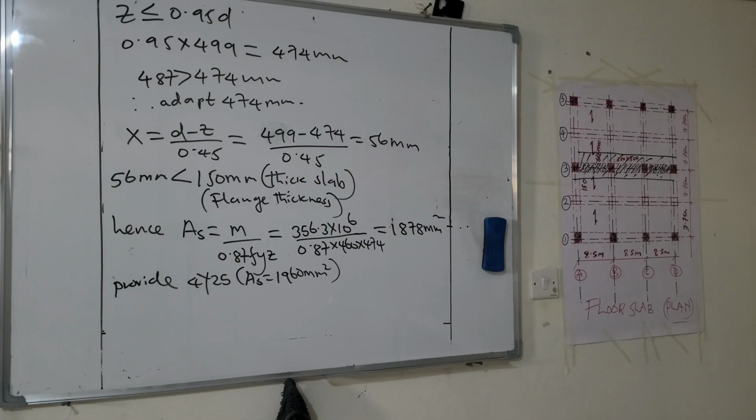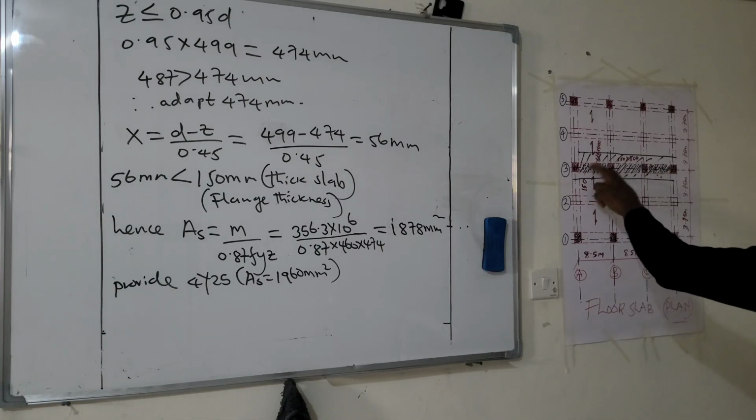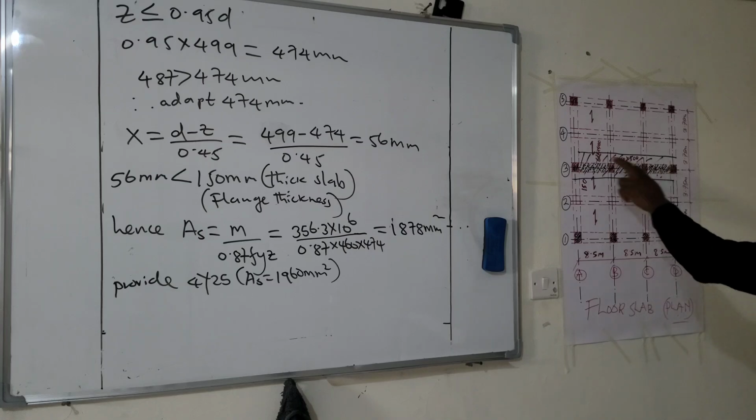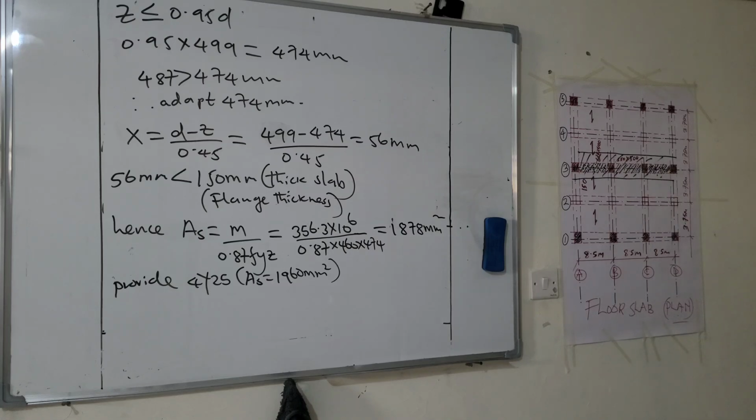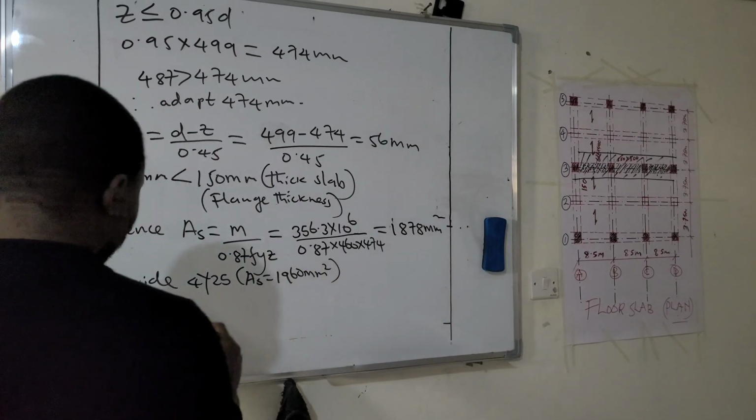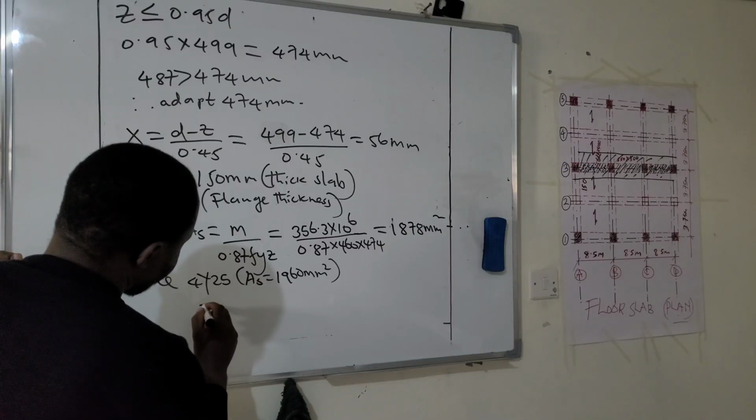And then you can now draw the section for this end span. So this is the section. Remember, it's the T-beam.